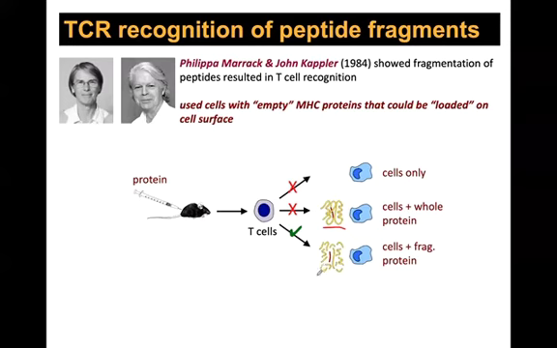But if they pre-digested the protein with proteases and it sort of broke it up, then those peptides could be presented on MHC proteins, and that allowed those cells to be recognized. So it was really showing that if you digest up a protein, then you can have the epitopes. And so the conclusion from that is it's linear epitopes that are presented on the MHC.